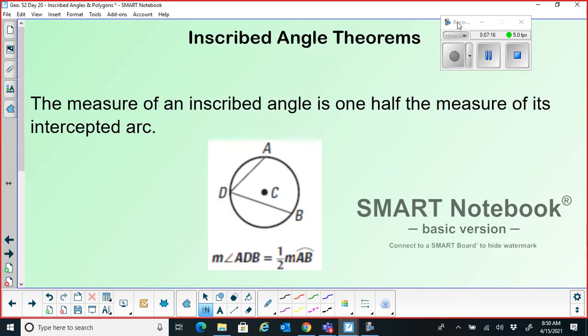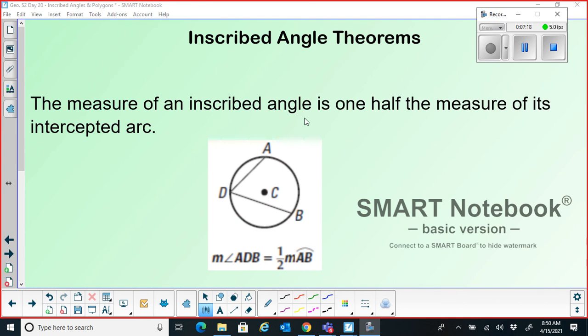We'll see a few theorems. We'll be using these to solve problems. Now that we know what an inscribed angle is, we will see the inscribed angle theorem. The measure of an inscribed angle is half the measure of its intercepted arc. What does that mean? Suppose I have two chords DA and DB in circle C. This is your inscribed angle, angle ADB.